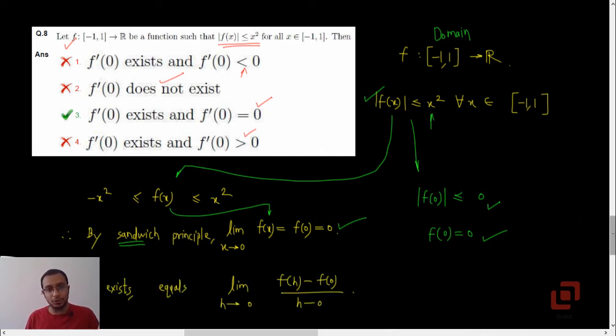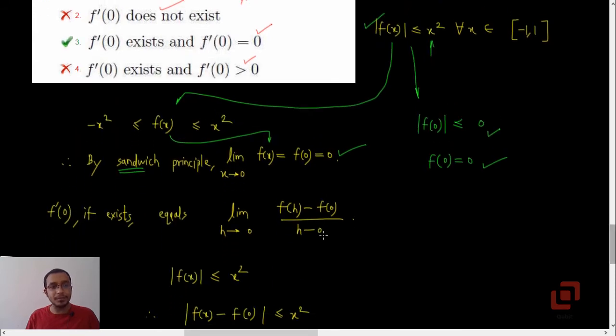Okay, now let us go to the differentiability. We will use the definition of the derivative and say that f dash of 0, if it exists, will be equal to the limit as h tends to 0 of f of 0 plus h minus f of 0 upon h minus 0, right?